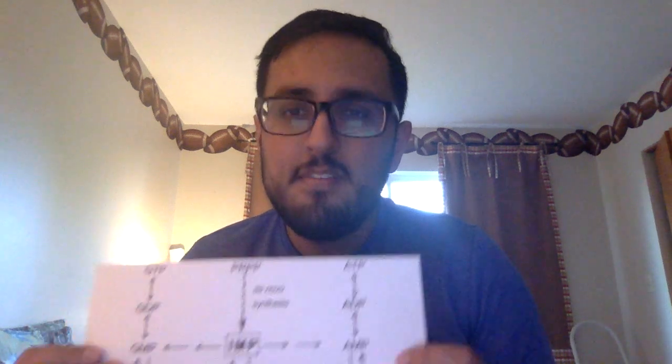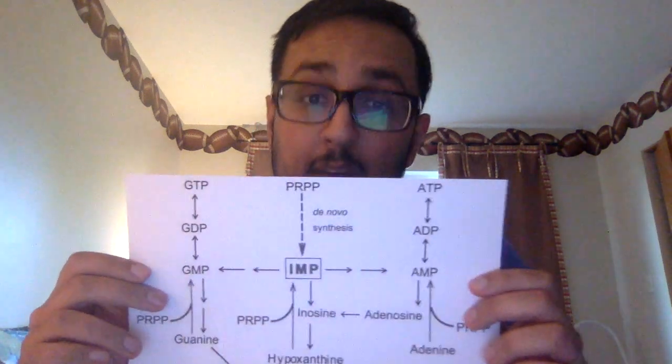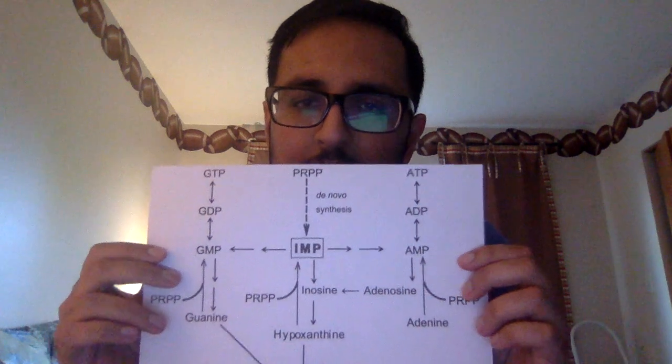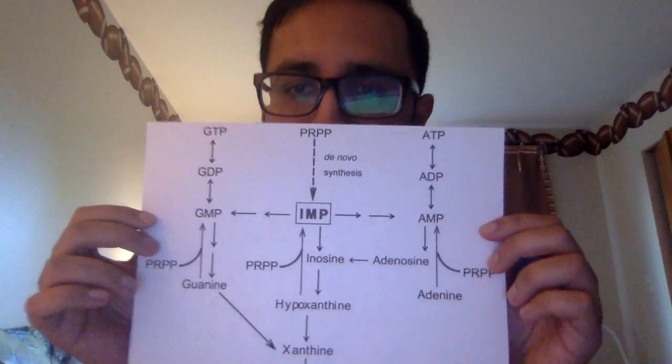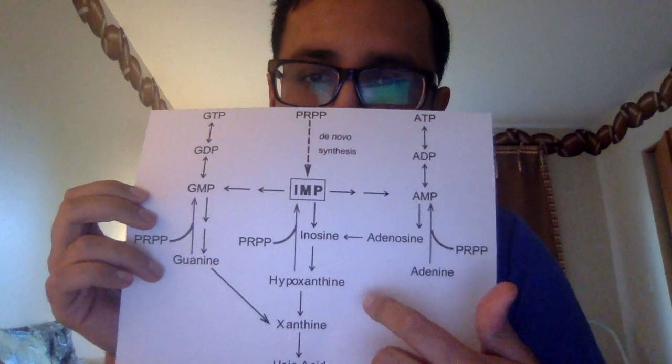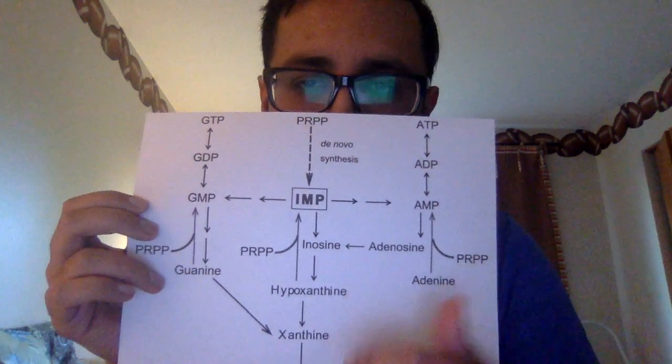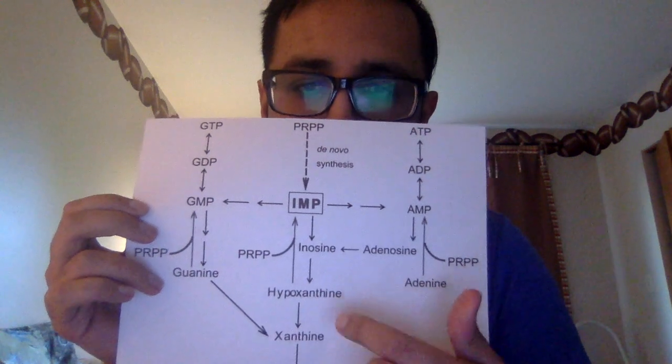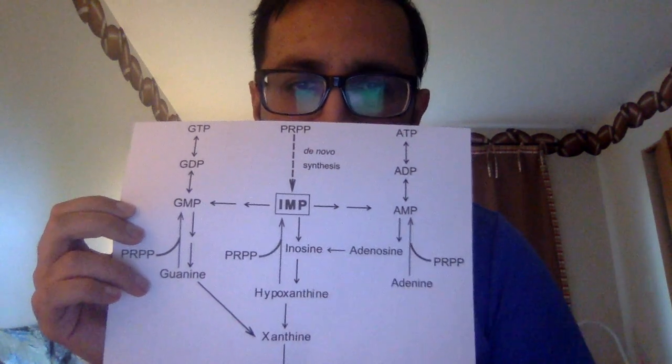I do not think that the patient has a decreased salvage of purines. The purine salvaging pathway consists of the synthesis of purine nucleotides by converting the intermediate compound hypoxanthine into either guanine or adenine, as shown in the diagram. Hypoxanthine, right here, is converted back into inosine via hypoxanthine guanine phosphoribosyltransferase, right here.